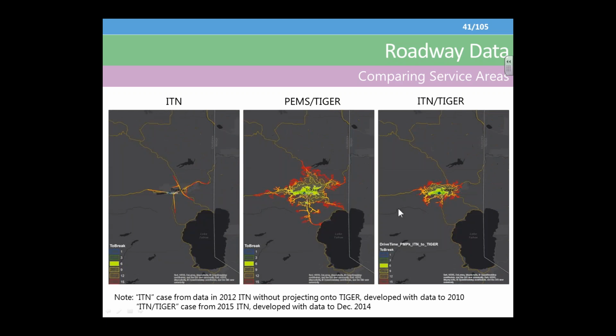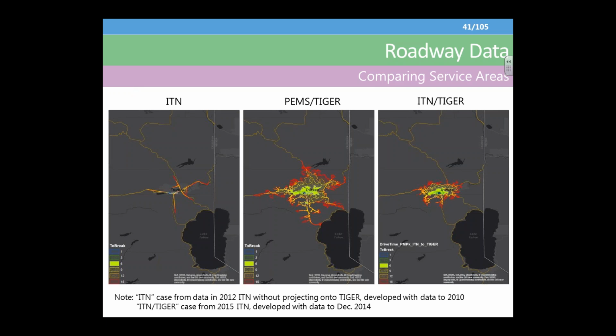And then finally, this is the real reason why we didn't use just ITN. We didn't use ITN because, as I mentioned earlier, the more rural you get, the less resolution it gets. So our station in Truckee, we would not actually be able to analyze the station at all. And this is intended to be a tool that can be used year in and year out. We're sure it's going to have improvements throughout the years, but we don't want to change the fundamentals of it every year.